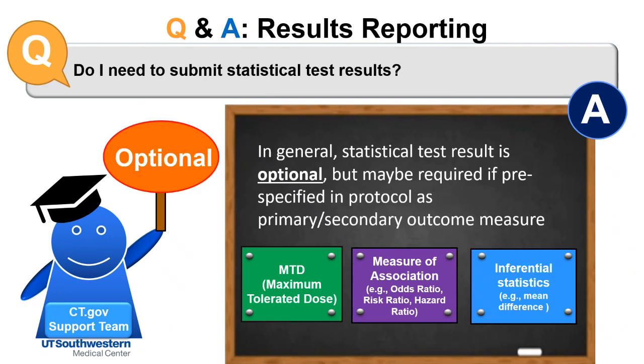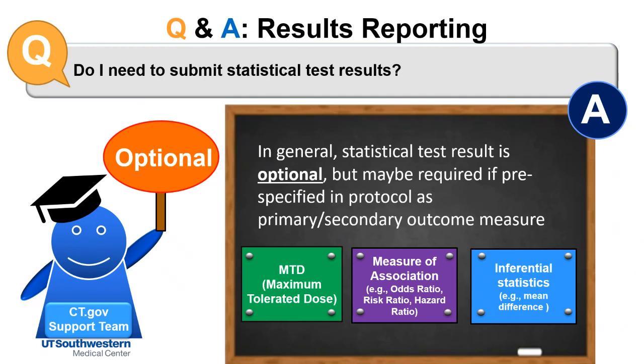One thing to keep in mind is that typically these statistical test results are not per arm data. It is the combined data of both arms, such as odds ratio or inferential statistics, which is calculated between or across arms. Therefore, it cannot be reported per arm.